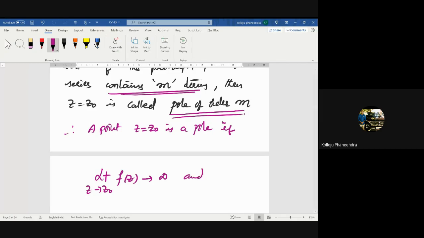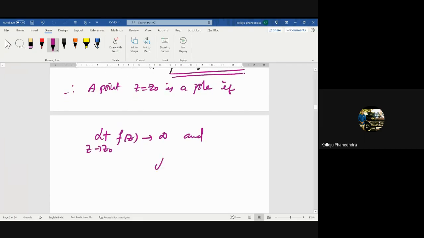And another condition is there. What is that? Since it is a pole of order m, as z tends to z naught, if I multiply f of z by z minus z naught whole power m, then this value exists.